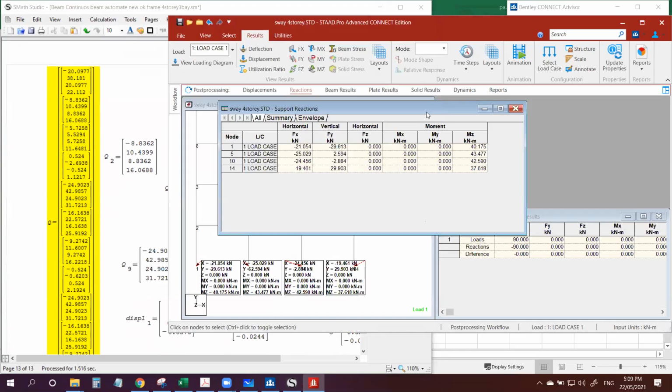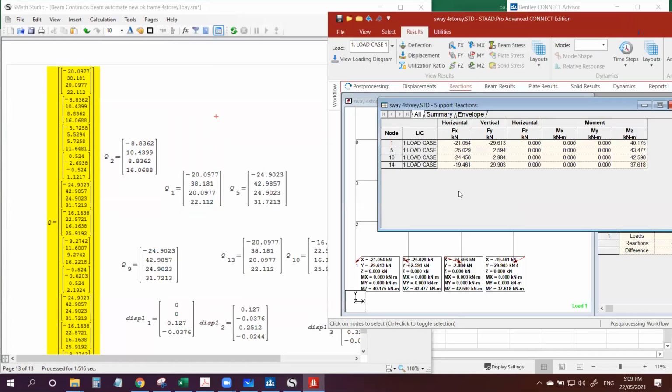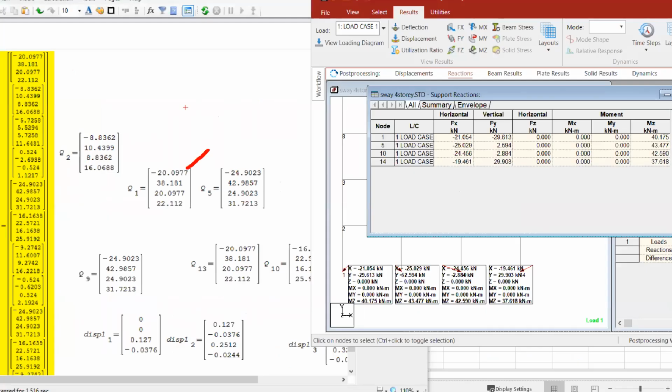There. So let's check on our actions here. 1, 5, 9, and 13. Okay, 21 as FX. 25 here, almost 25. And then 25 FX, almost 25. And 19, almost 19.5, or almost 20.